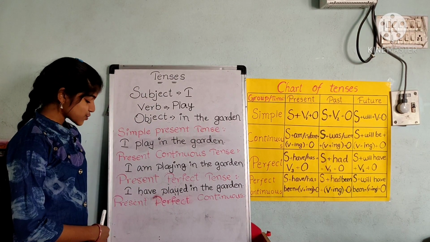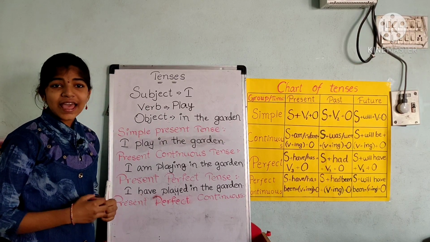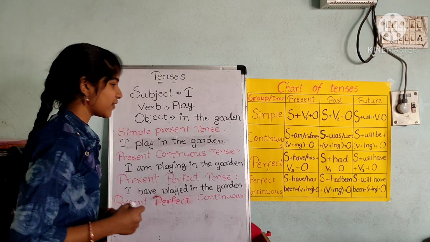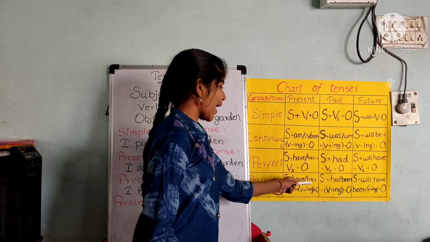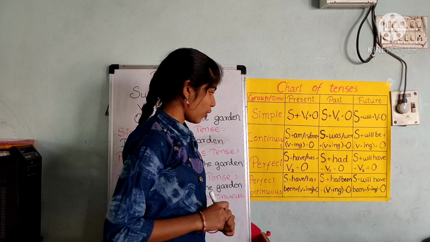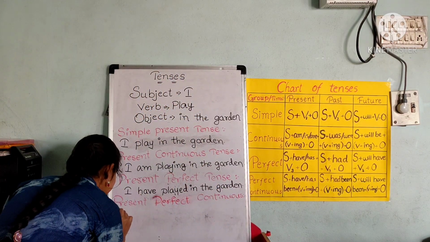And the last one is present perfect continuous tense, which means an action that started in the past and is still continuing. Formula for this is subject plus have or has plus been plus verb plus ing form and object. Let's write the sentence.